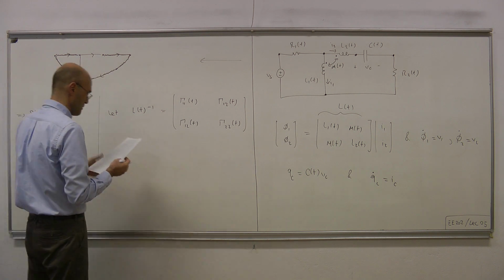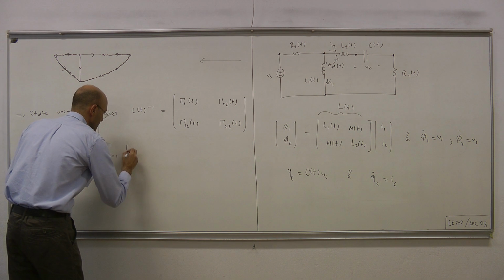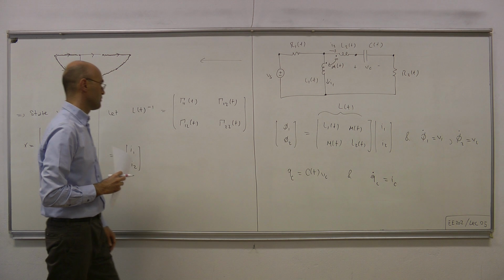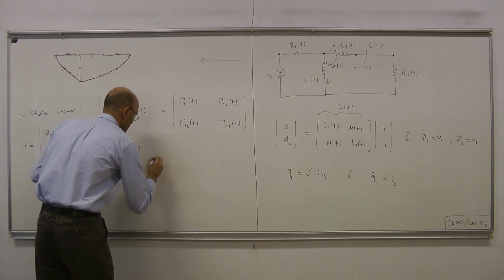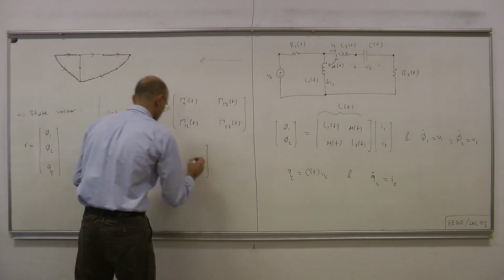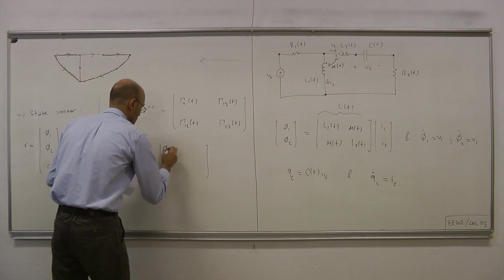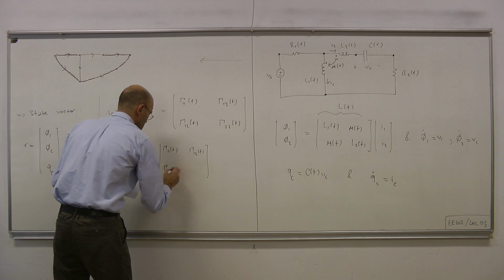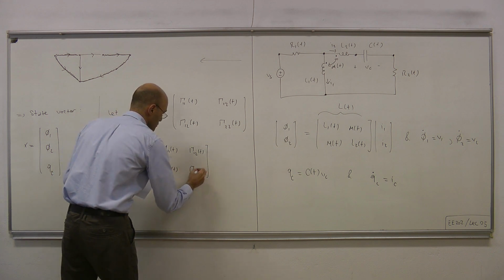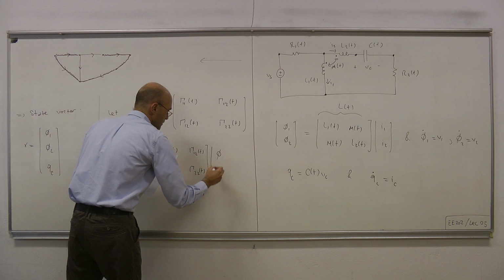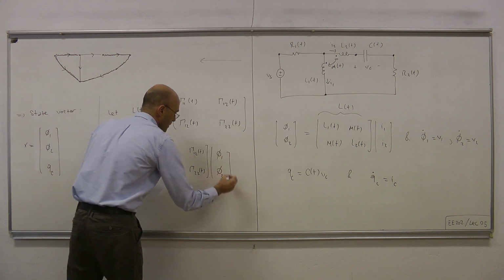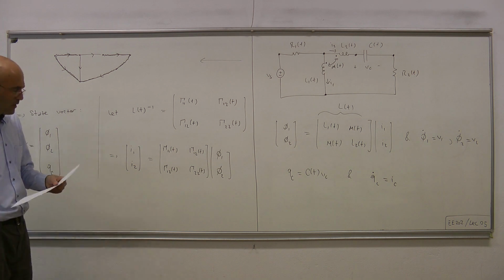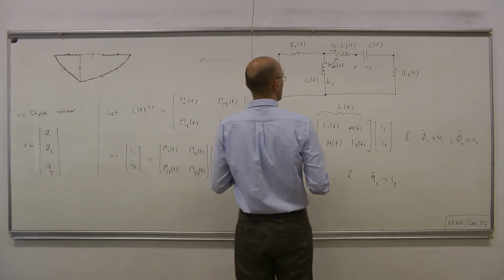And then using that inverse, we can write currents, okay, in terms of fluxes. I1, I2 equals gamma 1,1(t), gamma 1,2(t), gamma 1,2(t), gamma 2,2(t), multiplying the flux vector.